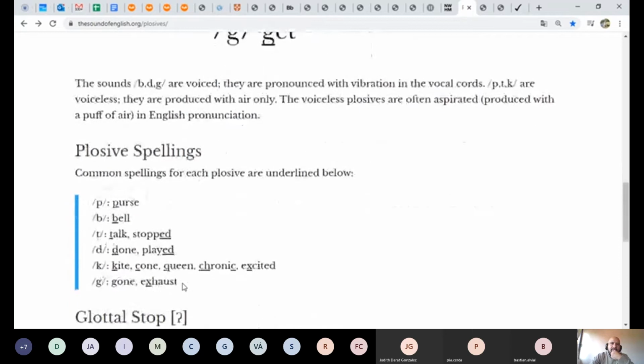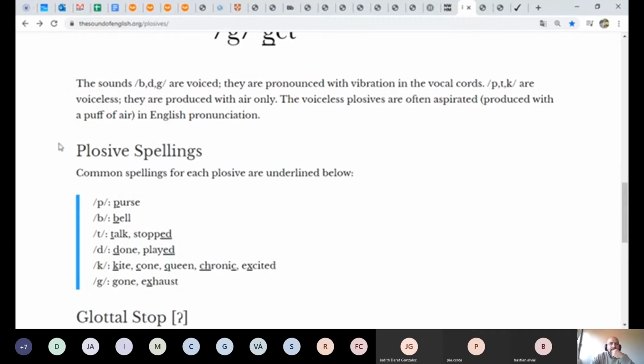The sounds b, d, g are voiced. They are pronounced with vibration in the vocal cords. P, t, k are voiceless. They are produced with air only. The voiceless plosives are often aspirated in English pronunciation.